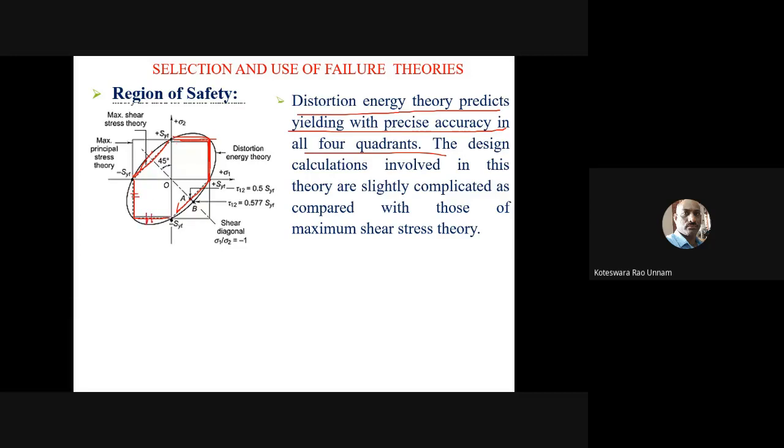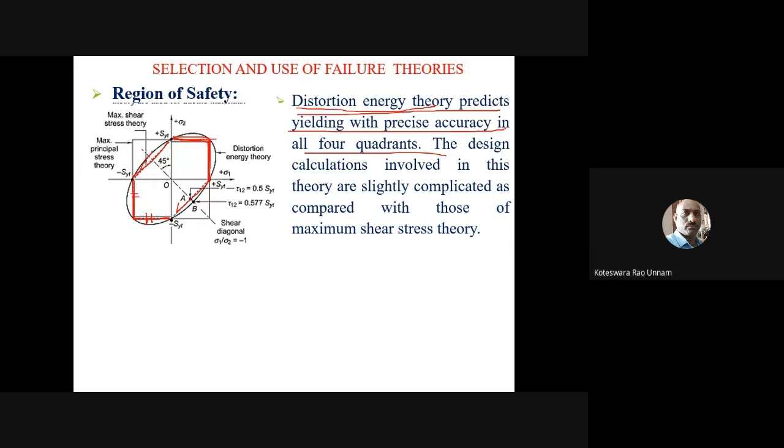Both are the same only in these quadrants. Therefore, it is not predicting the failure properly for ductile materials in the other two quadrants, the second and fourth. So the only theory which predicts failure properly in all four quadrants is the distortion energy theory.